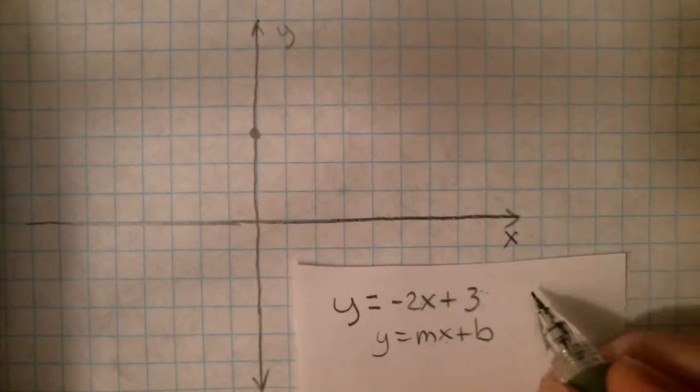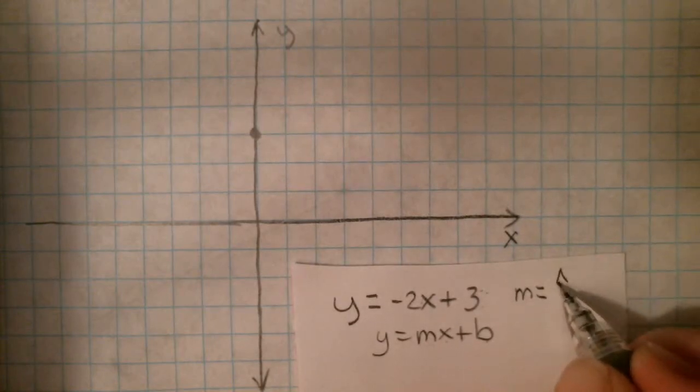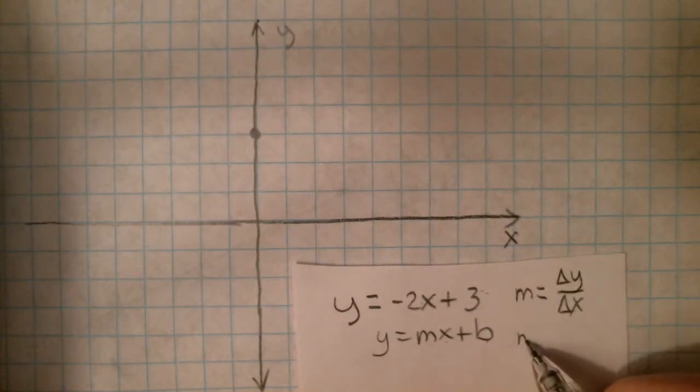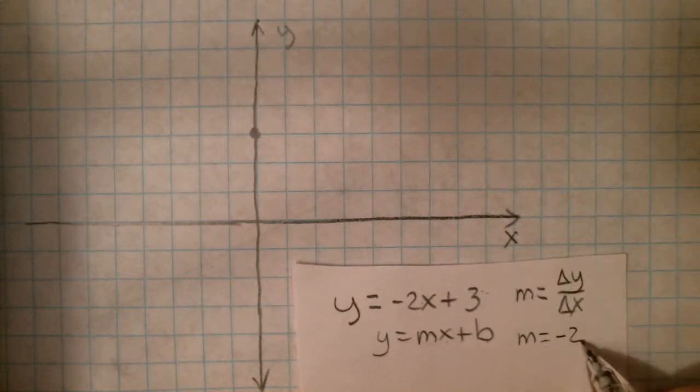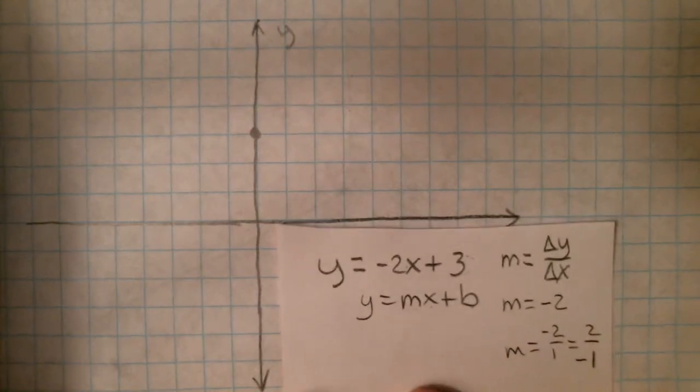Now remember that slope is change in y over change in x. That's what slope is. And so in our case, the slope is negative 2. Well, a negative 2 can be written as negative 2 over 1 or 2 over negative 1.